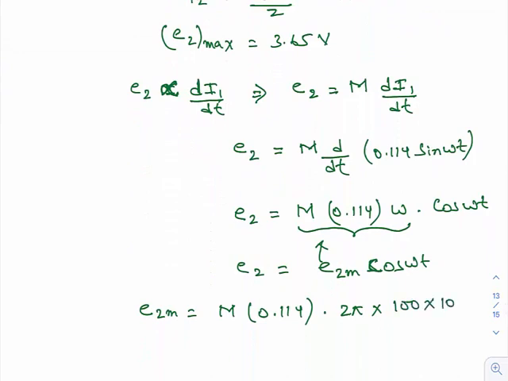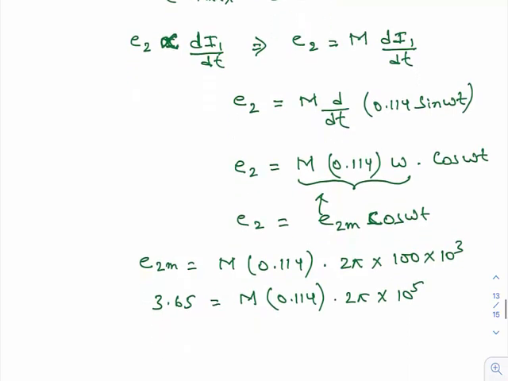So 100 into 10 to the power 3. So E2m that I found as 3.65 volt. Mutual inductance between the winding I have to find. Then 0.114. Then 2 pi into 10 to the power 5. Right? So solve this one and you will get the mutual inductance between the primary and secondary winding as 50.95 microhenry.